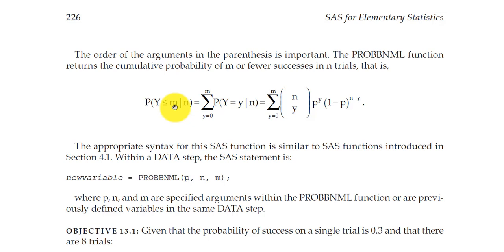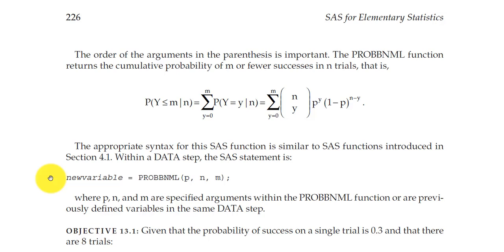So we would take the formula that we learned in our basic class, and add up the values from 0 up to m. If we have a value of m here and the cumulative probability, we'd have m plus 1 probabilities we're adding up, because it would be from 0 up to m. That's where the m plus 1 comes from.